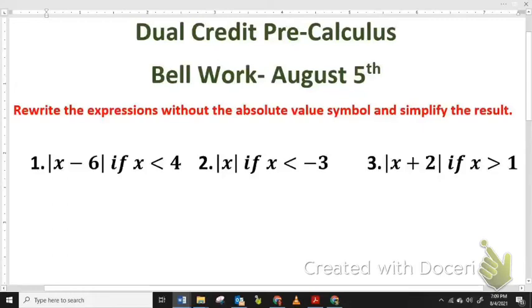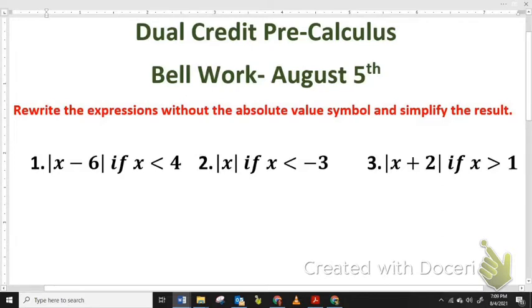All right, let's talk about this. Absolute value is technically a function. It always does something to the expression that's on the inside. If you look at the expression on the inside of an absolute value, you simplify it, you evaluate it, and it is a negative value.